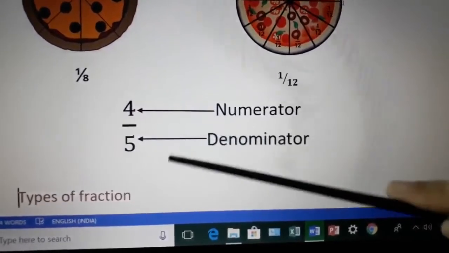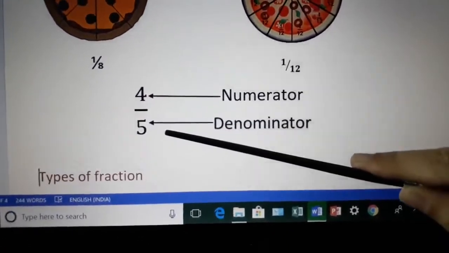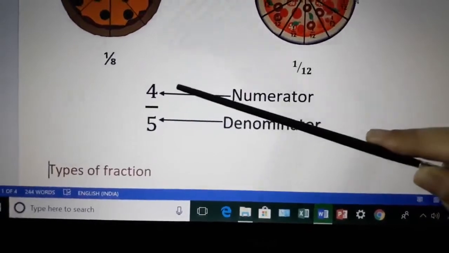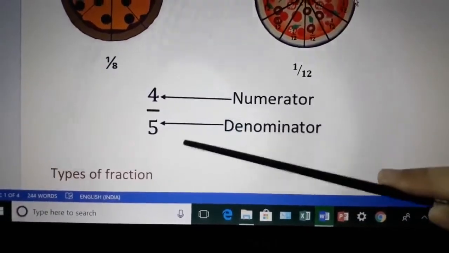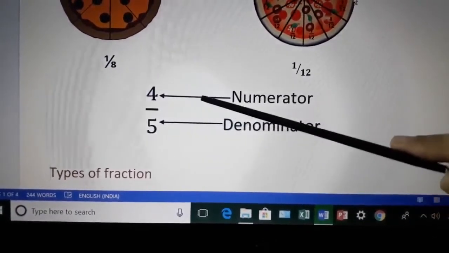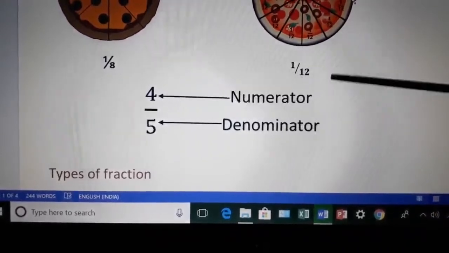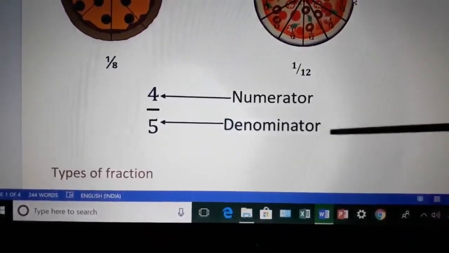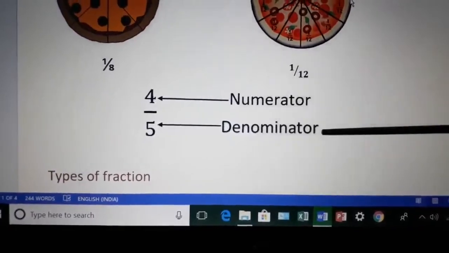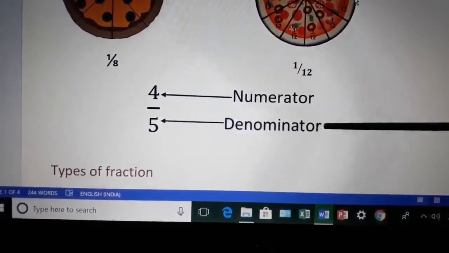So how will you read this number? 4/5. Just remember the number which is written on top is your numerator and the number which is written down is your denominator. D for down, D for denominator.